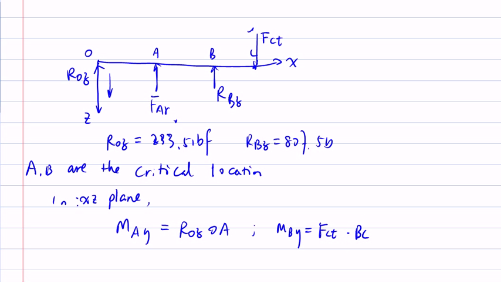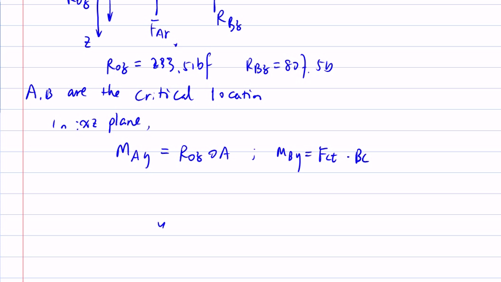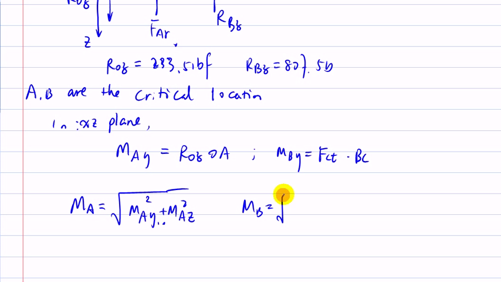Now you have two plane moments, and what you need to do is compare. The total bending moment at A location is MAY squared plus MAZ squared, and MB is MBY squared plus MBZ squared.